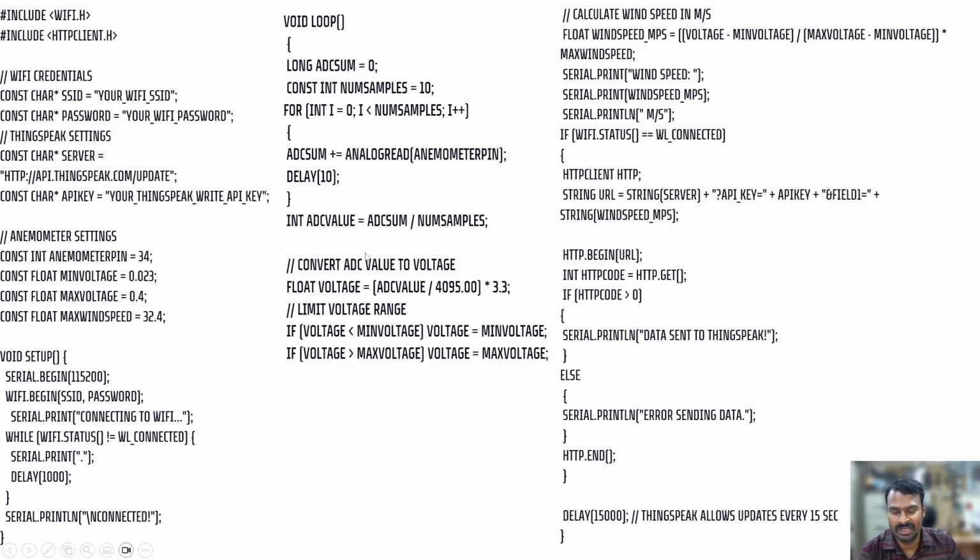After taking the average, we calculate the wind speed using this formula: float voltage equals ADC value divided by 4095 into 3.3. The operating voltage of this ESP32 is 3.3, and the bit size of this particular controller is 4095. So I have taken it.